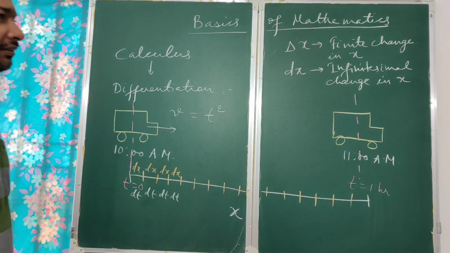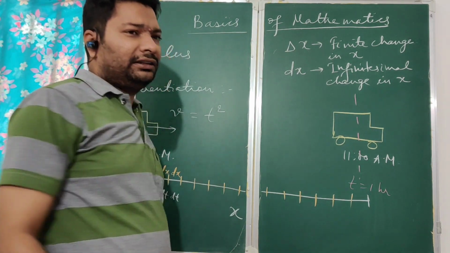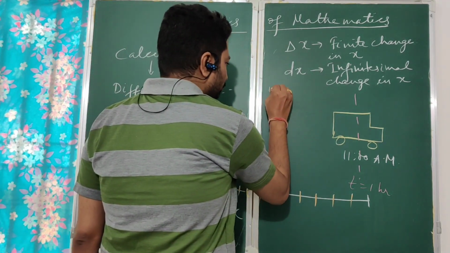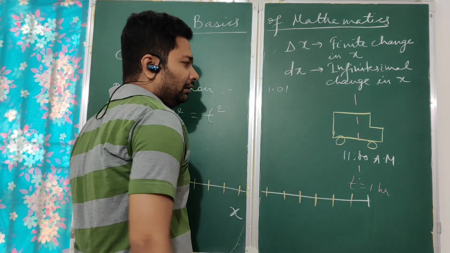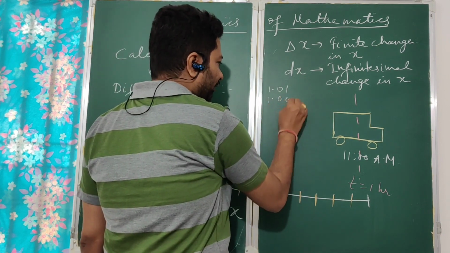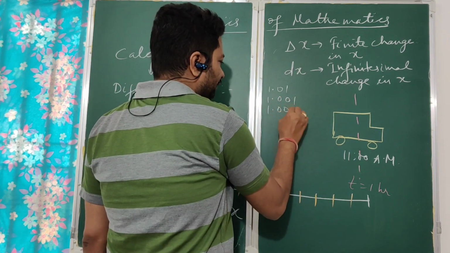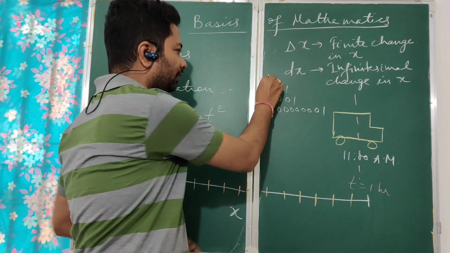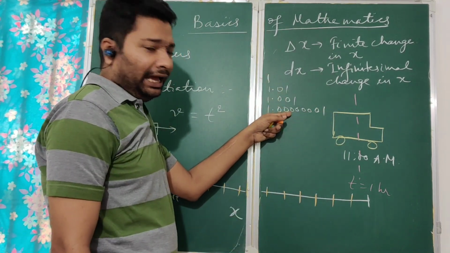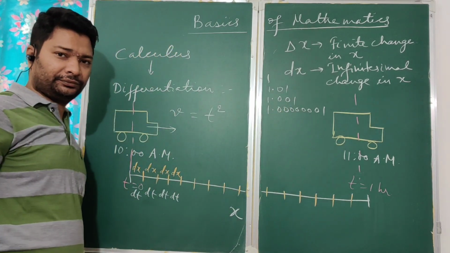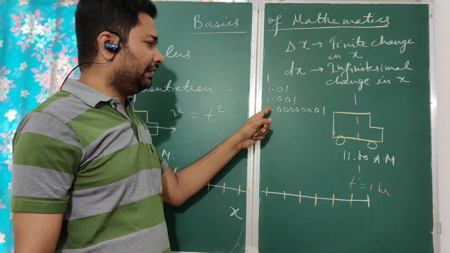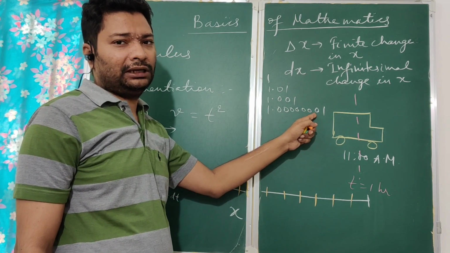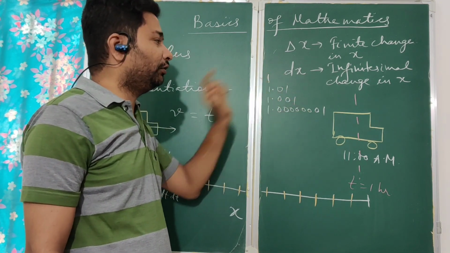Correct. Now let us say if someone asks you what is the number which is next to 1. So you can say 1.01. Your friend may tell 1.001. Another friend may tell the very next number of 1 is this number. And if someone is there, he can continue adding on zeros here till his lifetime, and he can say that that number is next to 1.